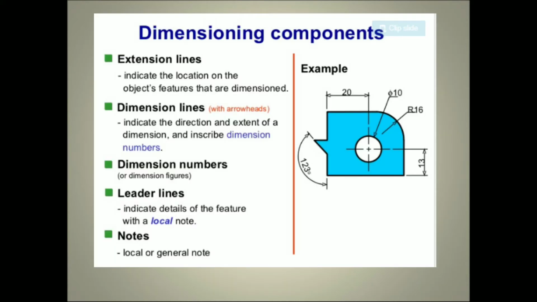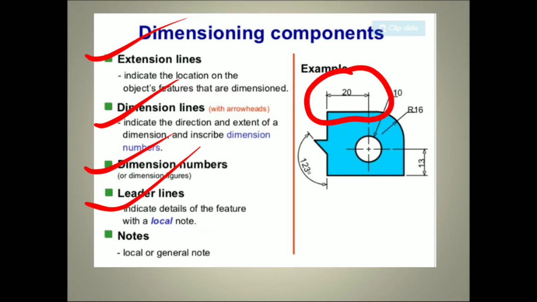Generally, the elements of dimensioning are extension lines, dimension lines, dimension numbers, and leader lines. Dimension lines indicate the direction and extent of the dimension. Extension lines indicate the location on the object, the location on the drawing.